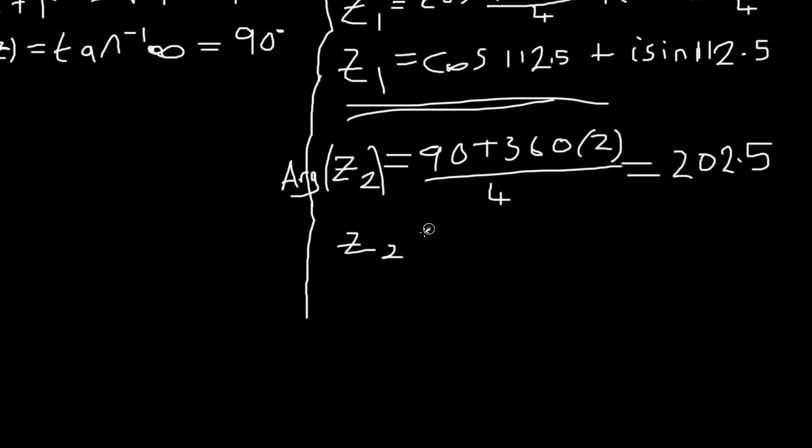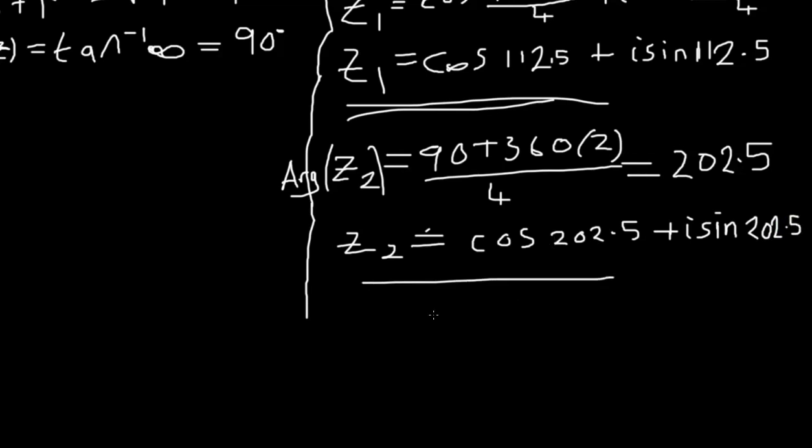Then my Z2 will be equal to cos 202.5 plus i sine 202.5. So this is going to be my Z2.